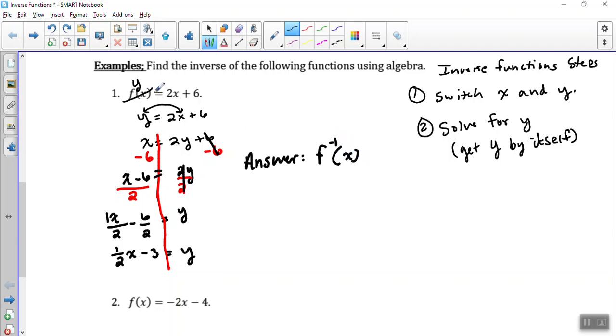So this is f of x equals 2x plus 6. The inverse, f inverse of x would be whatever we got here algebraically, 1/2 x minus 3. Okay? So that's my answer.